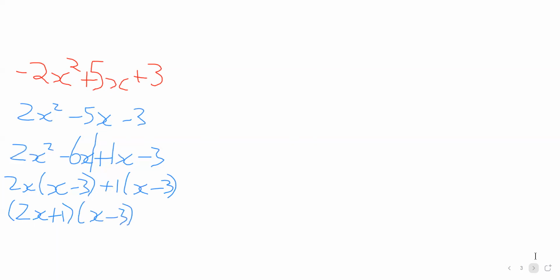Since we want to solve, we just make it equal to 0. So we end up having 2x plus 1 equal to 0, or x minus 3 equal to 0. If we solve this for x, it will end up being negative a half.